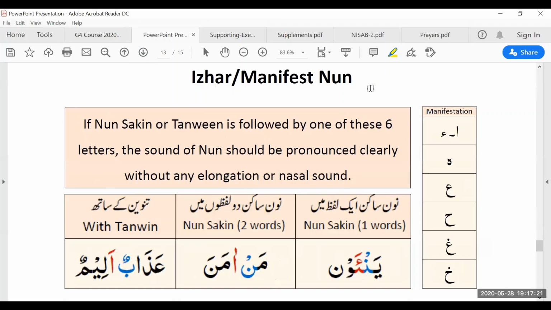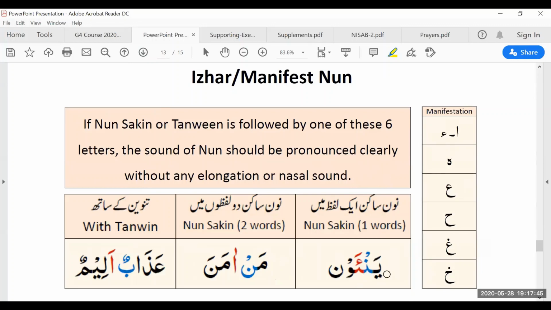Okay. Then we did izhar of noon sakin or tanween. So for this rule, if noon sakin or tanween is followed by one of the 6 letters, which you can see here, the sound of noon should be pronounced clearly without any elongation or nasal sound. So we manifest the sound of noon.